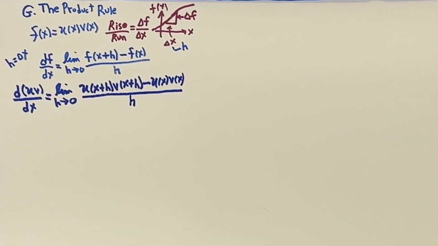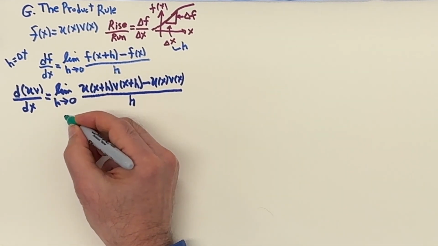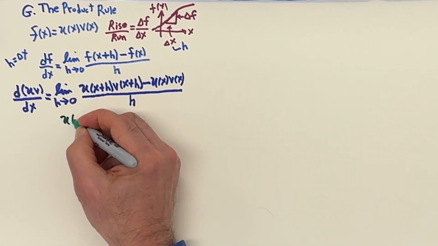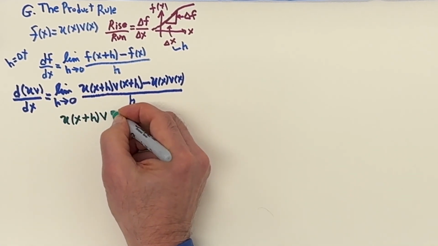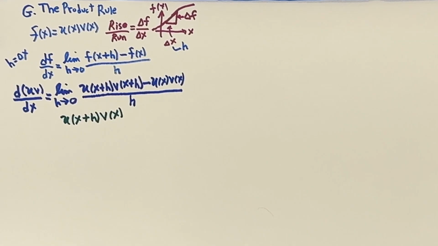Now the trick here is to subtract and add something in the numerator. So what I'm going to do is subtract and add u of x plus h times v of x.